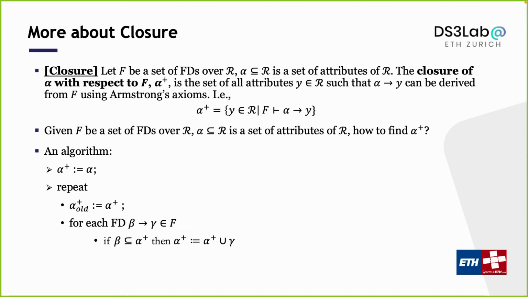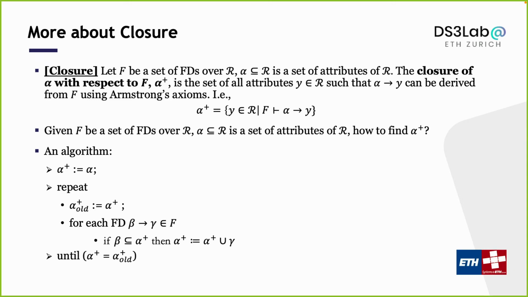For every functional dependency you have, for example beta to gamma in F, if beta is a subset of your current closure, then you put gamma in your closure. Make sense? You continue to do this until your current closure doesn't change, and then you get your closure.